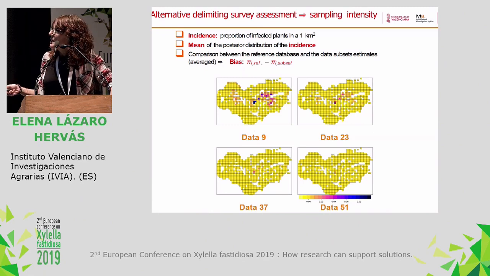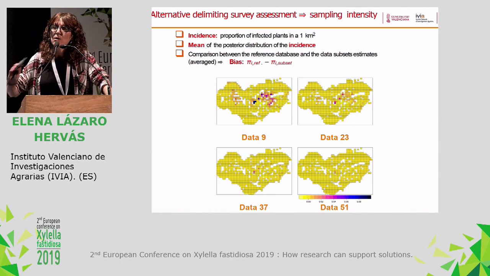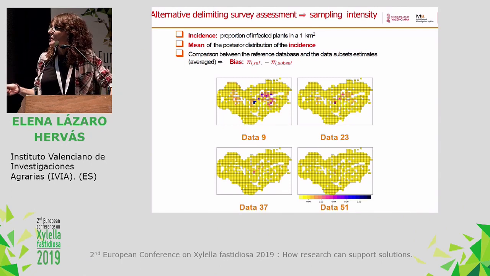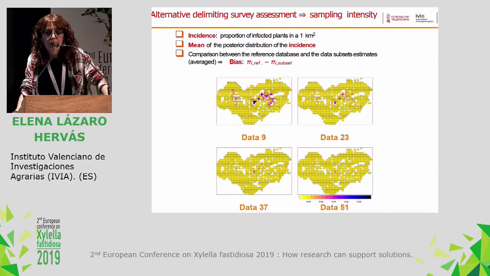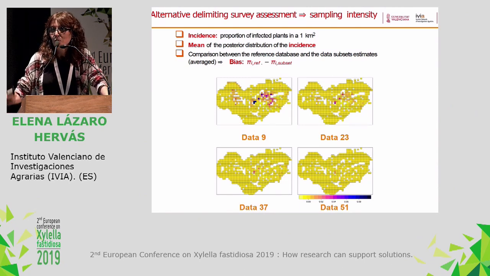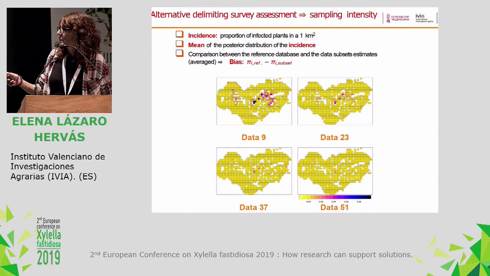Only to remark that data 51, in which the sampling intensity value has been fixed at 51 samples per cell, seems to show the lowest bias value related to all the epidemiological units that define our demarcated area, and these bias values are very close to 0. So this sampling intensity value seems to be a good reference value to give information at 1 kilometer resolution.